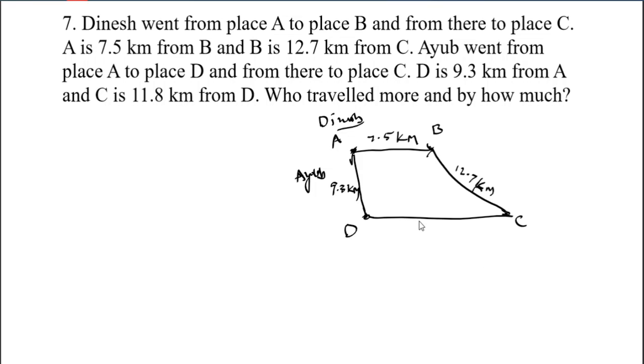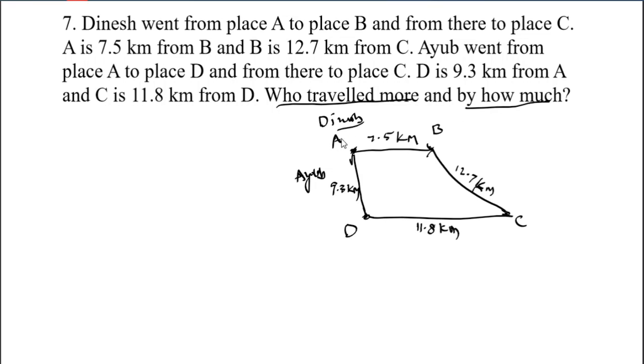So this is 11.8 kilometers from D. So here the question is, who traveled more and by how much? Two questions are there. Dinesh or Ayub?